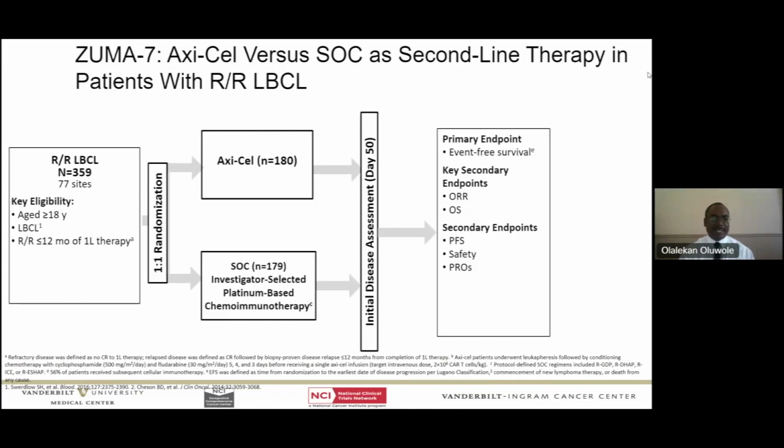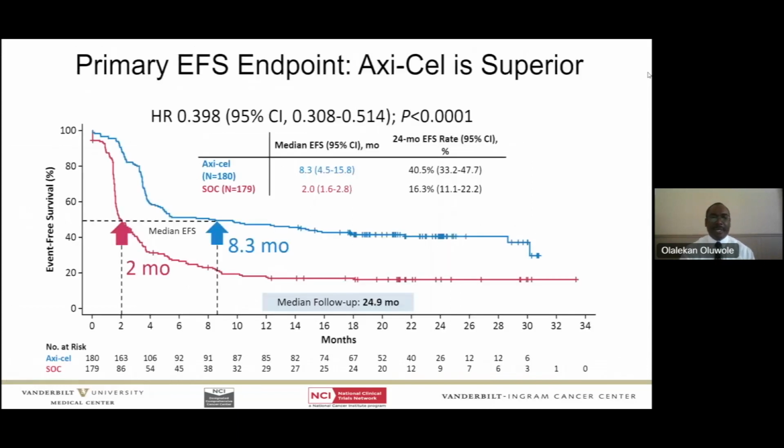The eligibility is as shown: 180 patients randomized to Axicel, 179 to standard of care, with the event-free survival as the primary endpoint and other endpoints as stated. The study was clearly positive, and there were far fewer events in the CAR-T arm, and the likelihood of progression was much lower in the Axicel arm.